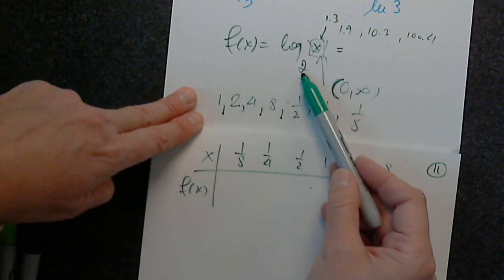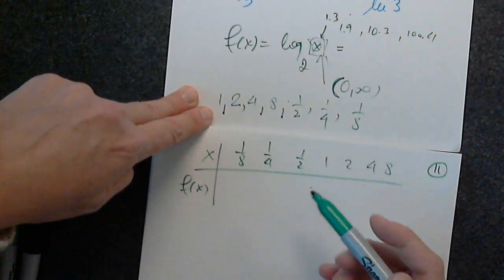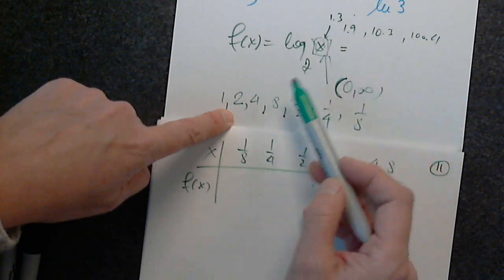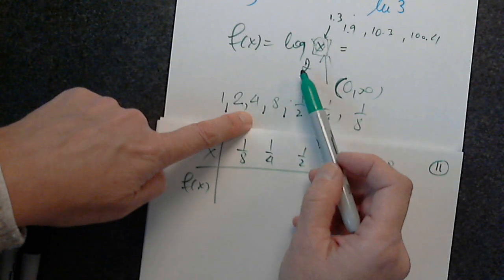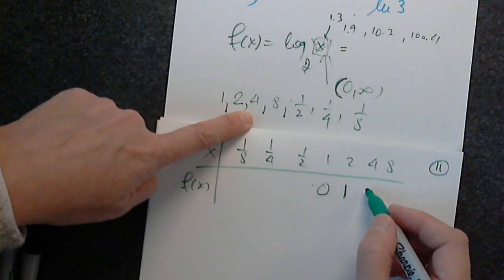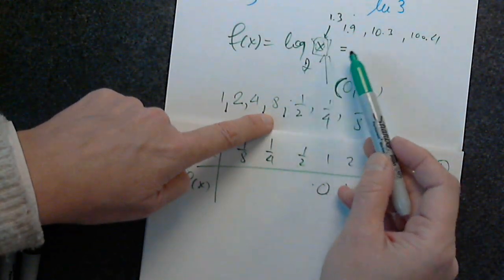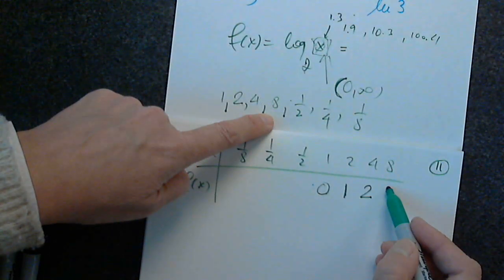Okay. 2 raised to what power is 1? 0. Excellent. 2 raised to what power is 2? Exactly. 2 raised to what power is 4? 2. 2 squared is 4. 2 raised to what power is 8? 3. Very good.